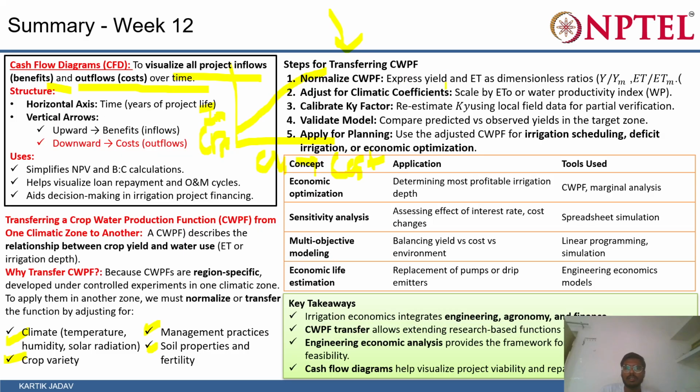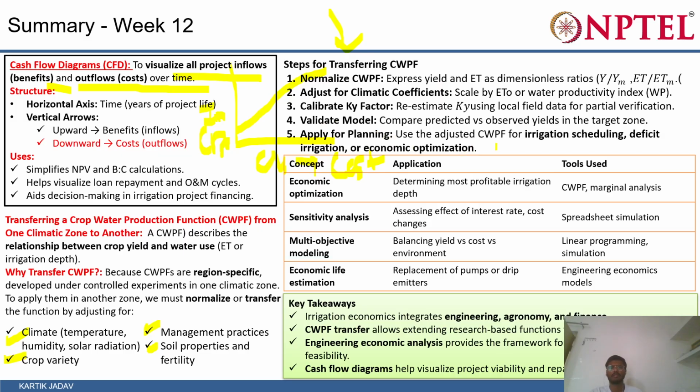Then we need to adjust our climatic coefficient, so scale by ET naught or water productivity index, because each region has a different transpiration rate, with a different soil type, crop type, and other physical properties of the plant and soil. Then we need to calibrate the KY factor, estimating KY using local field data, then validate the model, and finally apply it for planning.